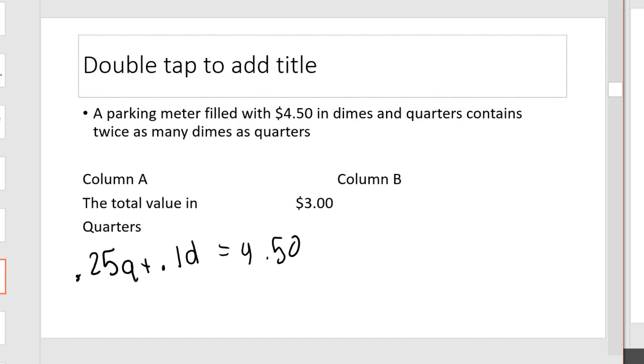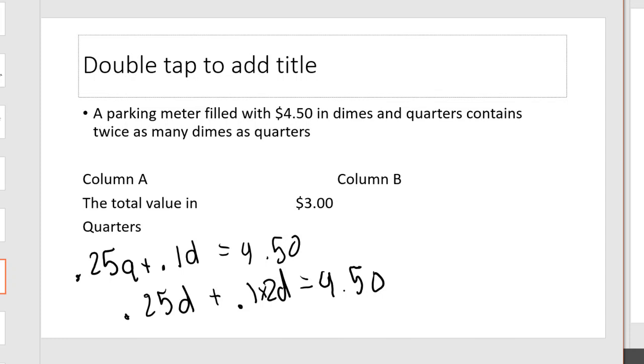So when we rewrite the equation, we're going to have 0.25D, because we're going to put that in, plus 0.1 times 2D is equal to $4.50.